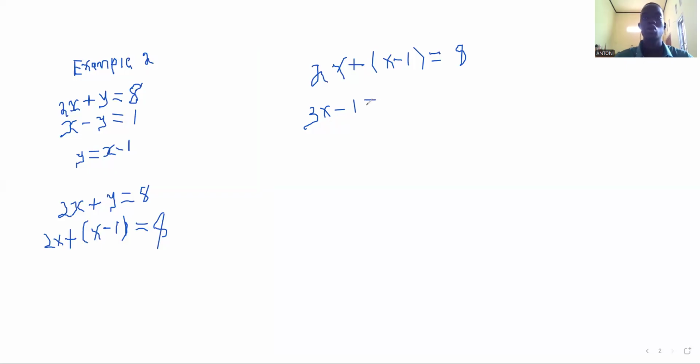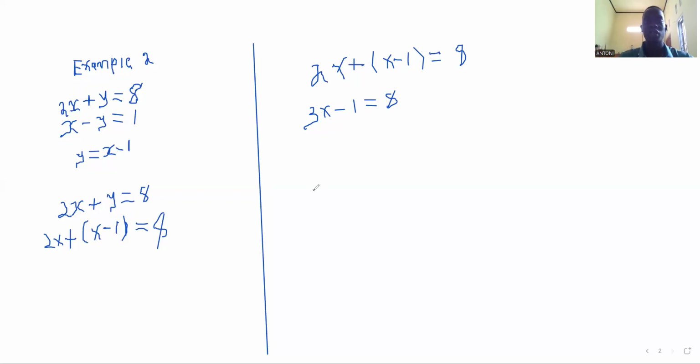The same is equal to 8. So here, what you do, since we get 3x minus 1 is equal to 8.